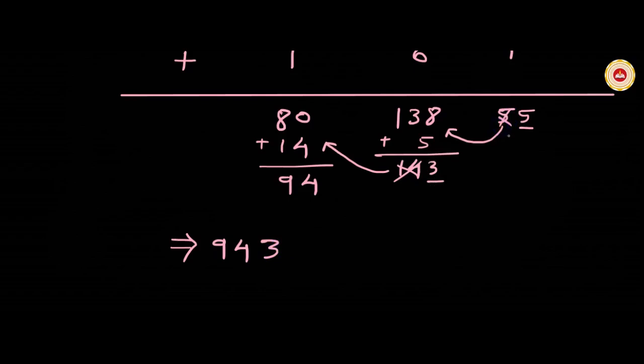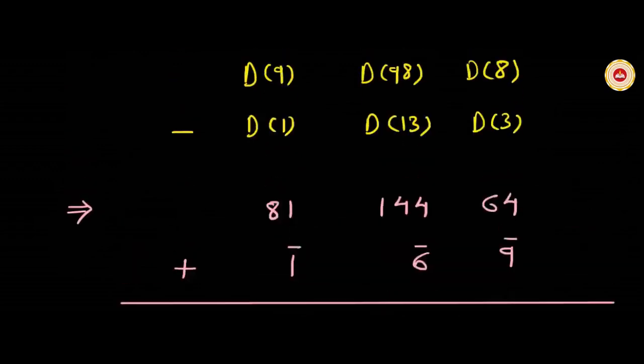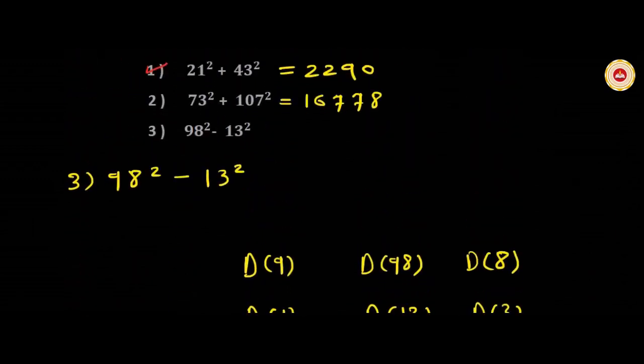Neglect this 5, the passed digit, and write the retained digit, which is 5. Answer is 9435. Okay, let us write the answer, 9435.